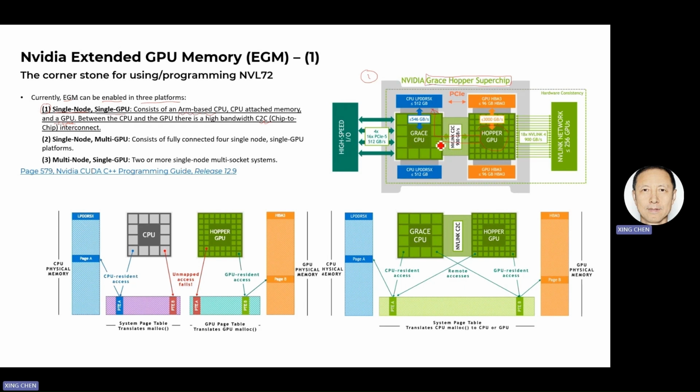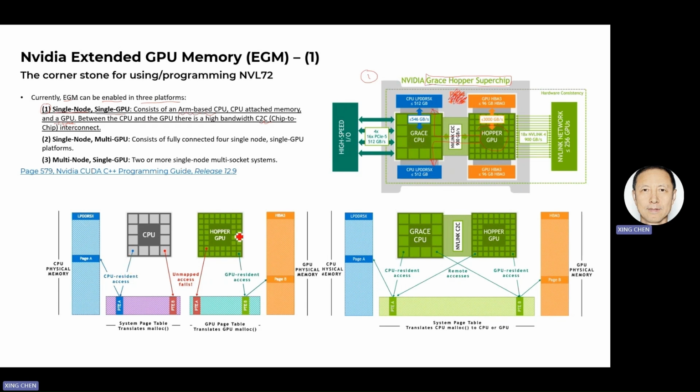Like this, it has a possibility to access the CPU memory. This is the meaning of this EGM. But we need to have a little bit more detail regarding this. We pretty much can remove this one. I'm sorry, this is something that should be here.